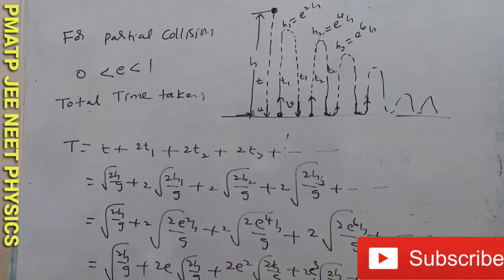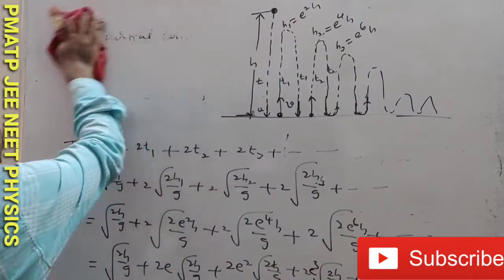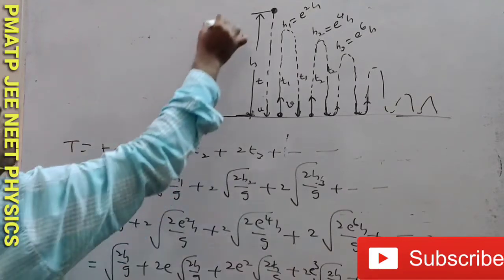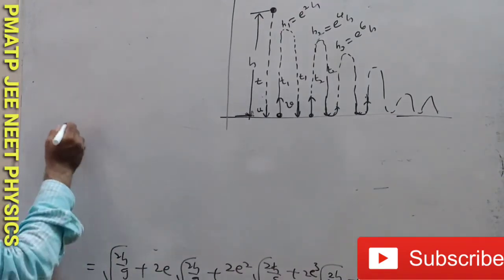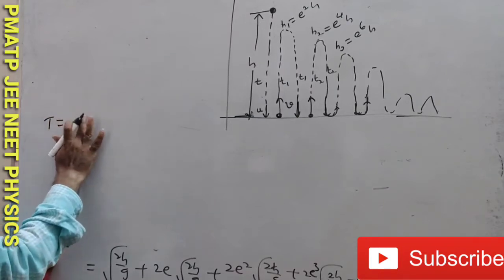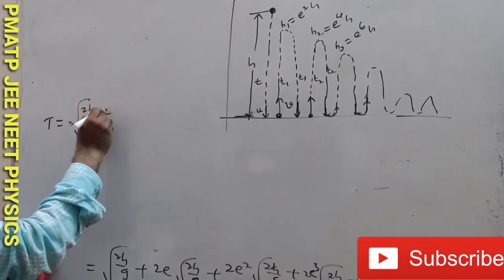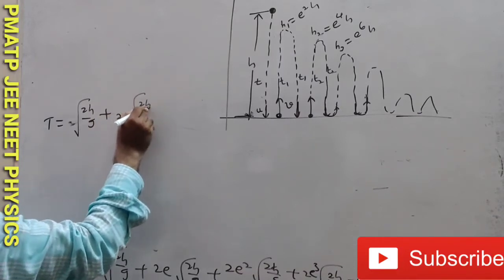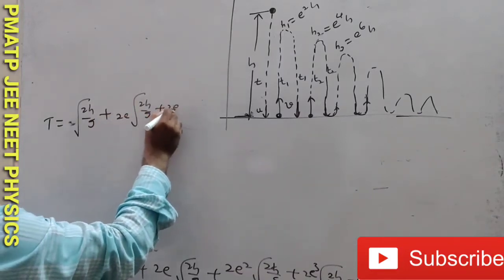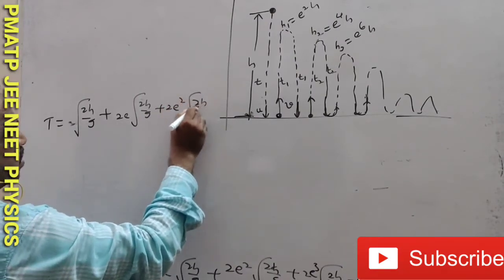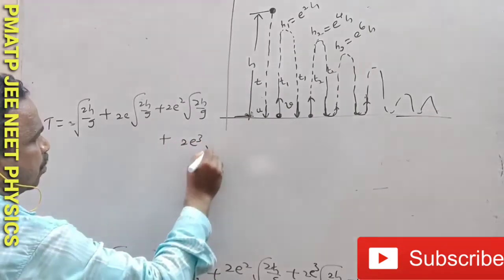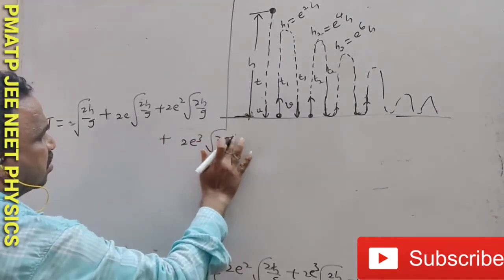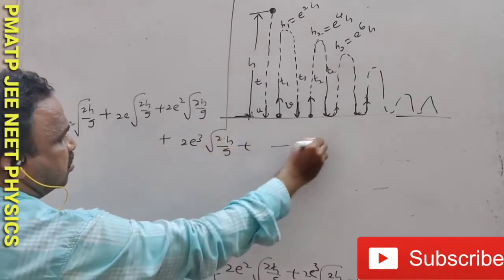After simplifying that, see what happened. Finally we got time t is equal to root of 2h by g plus 2e root 2h by g plus 2e² root 2h by g plus 2e³ root 2h by g, and so on.